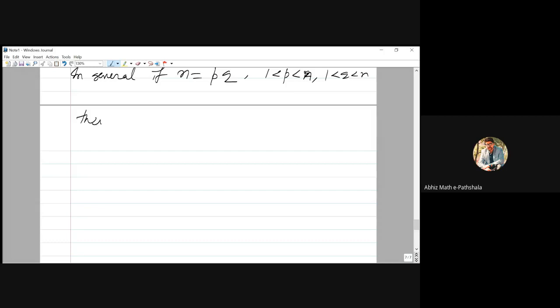Then n class is pq class. Now what is n class? Since n divides itself, n class is 0. So p class dot q class will be 0 class. But that 0 class will not be in Zn minus 0 class.